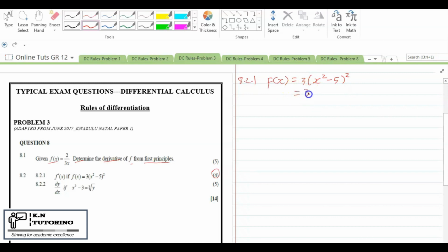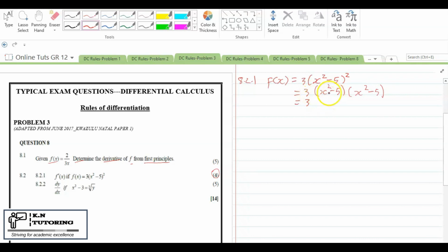So this will be 3 into x squared minus 5. We know that this squared means the bracket times 2. So this will be x squared minus 5 times x squared minus 5, equals 3. I'm going to FOIL whatever is inside the bracket, but not forgetting that there's a 3 multiplying everything.